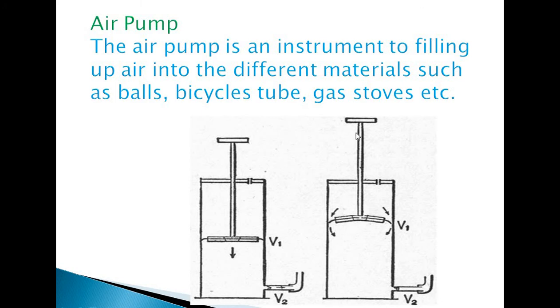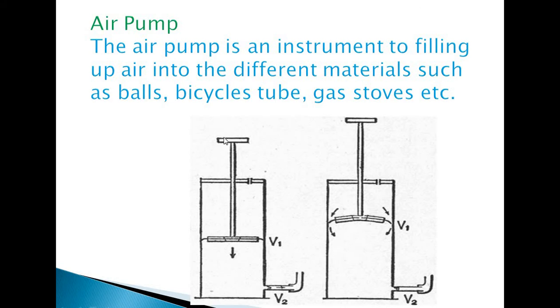So when we pull the piston in the upward direction like this, then the volume inside the cylinder increases and the pressure is reduced. At the same time, the washer connected to the piston contracts and opens, and the atmospheric air enters into the cylinder.